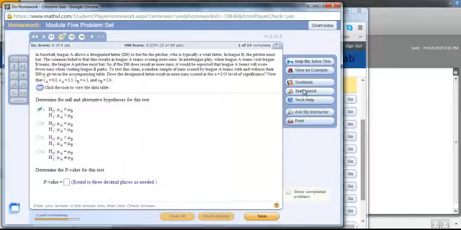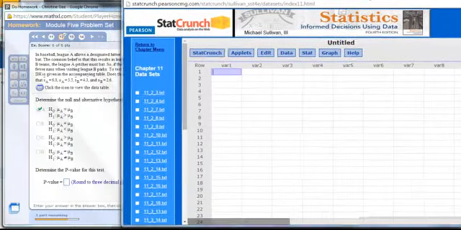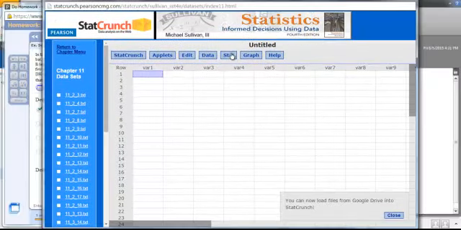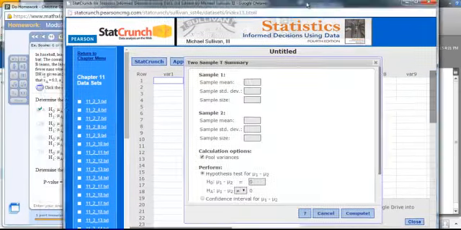So now we can go straight to StatCrunch and click on Stat, then T Stats, two sample with summary information.